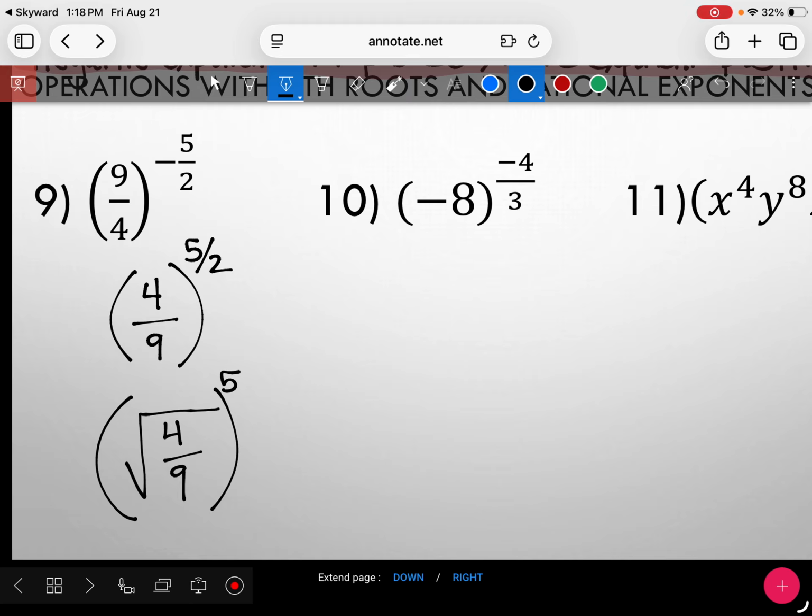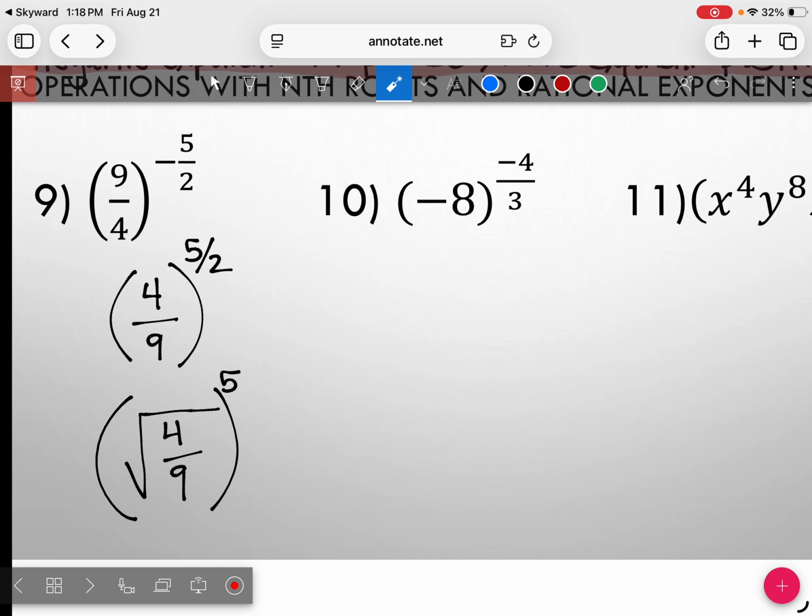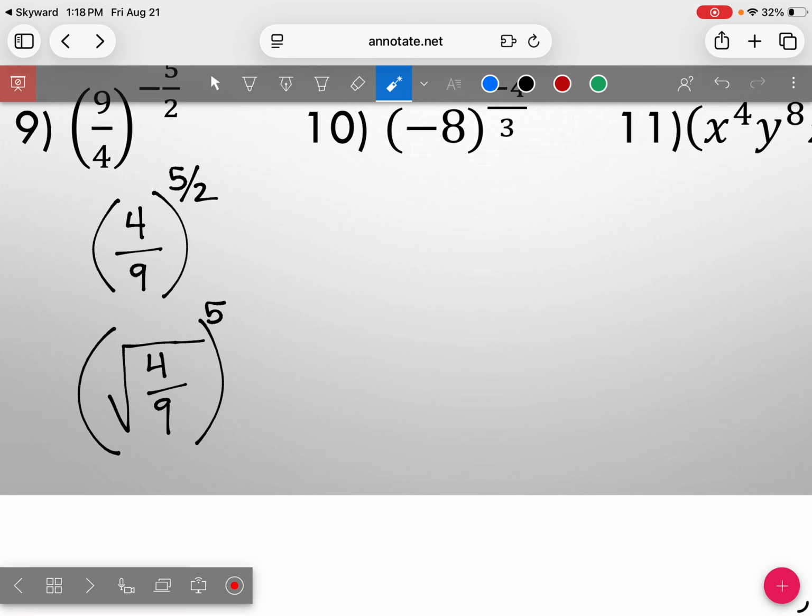As we have a 2, there's a 2 in the denominator. So that's the square root. Now, fortunately for us, they're both perfect squares. So go ahead and take the square root of 4 and the square root of 9.